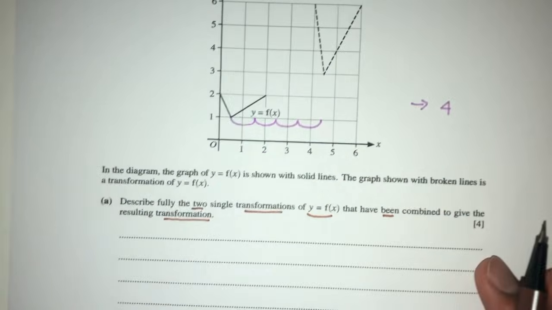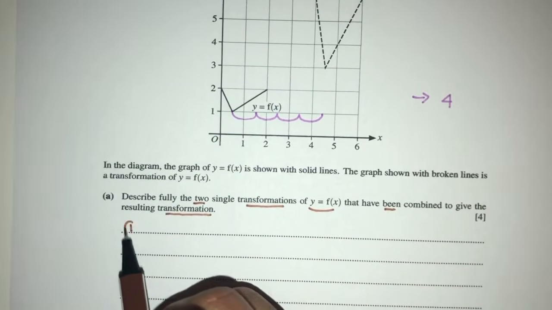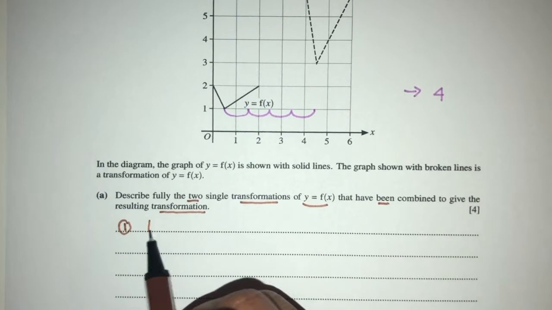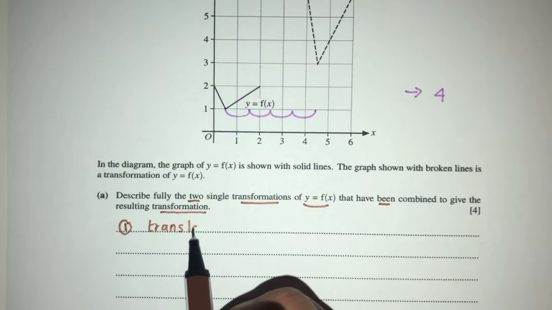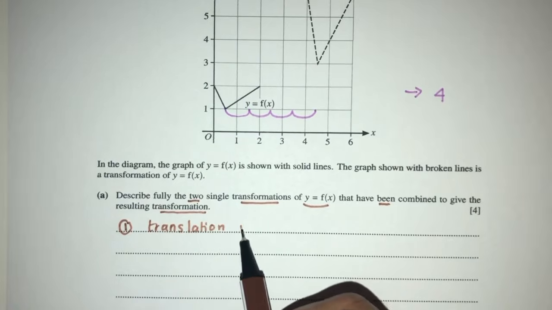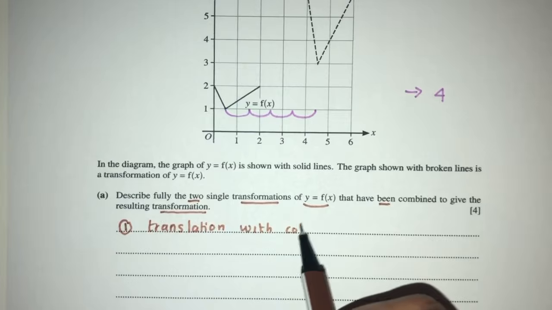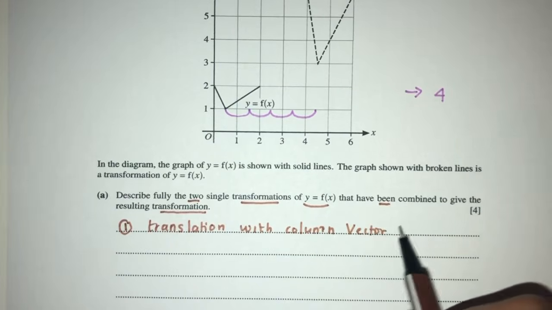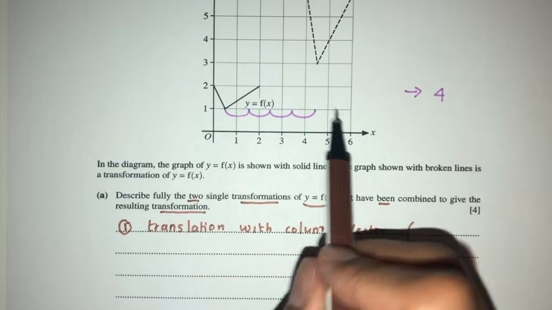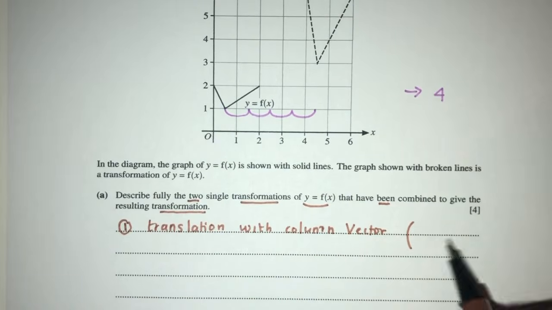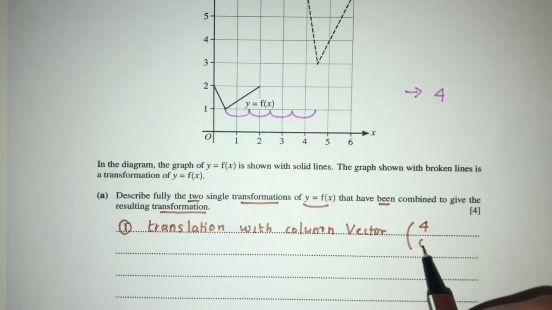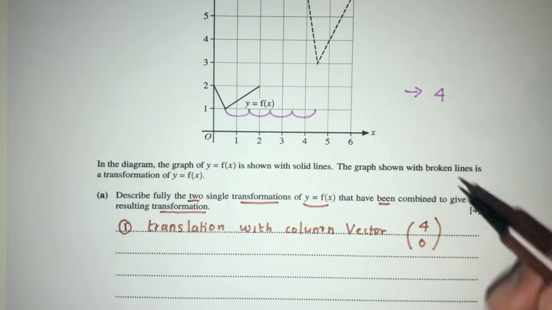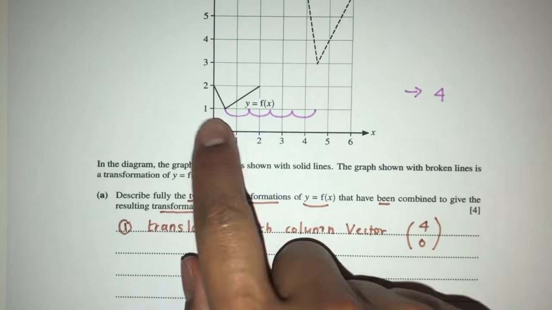So let me write this down. The first will be a translation with a column vector, if you want to write that. Since it is to the right, for translation it will be plus 4, and then 0, because we did not move up or down for the first transformation.